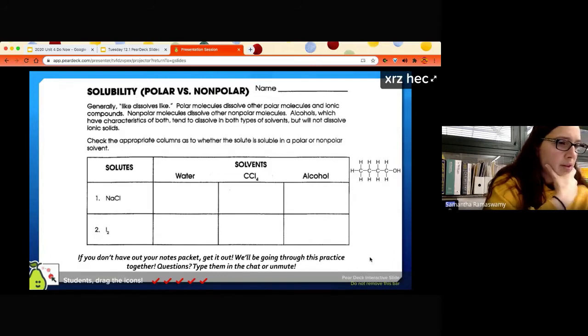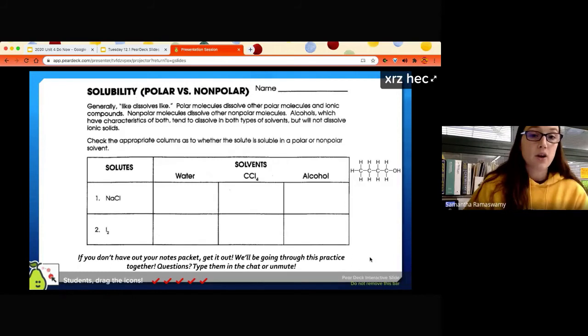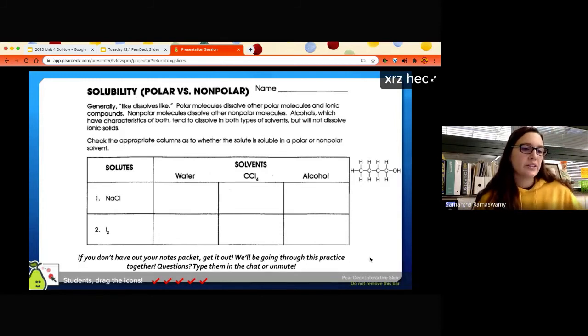Okay, remember that ionic salts, like NaCl, can only dissolve in polar substances. Right, so ionic, NaCl, can only dissolve in polar substances.